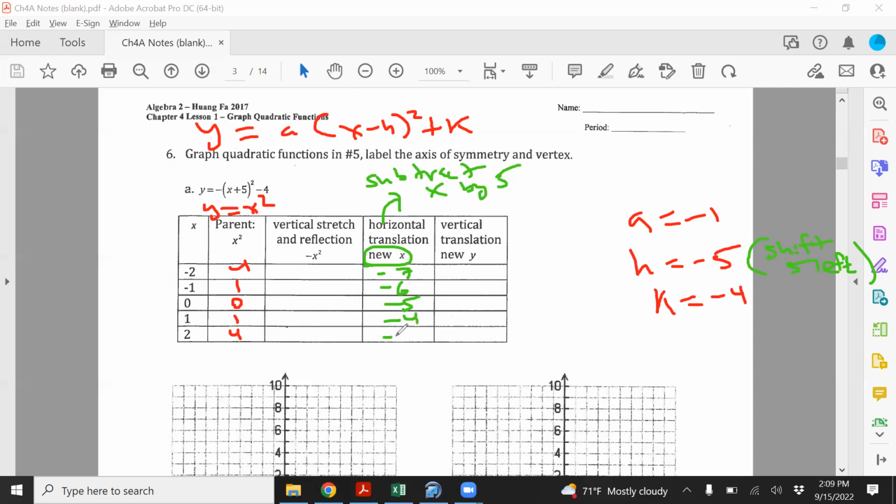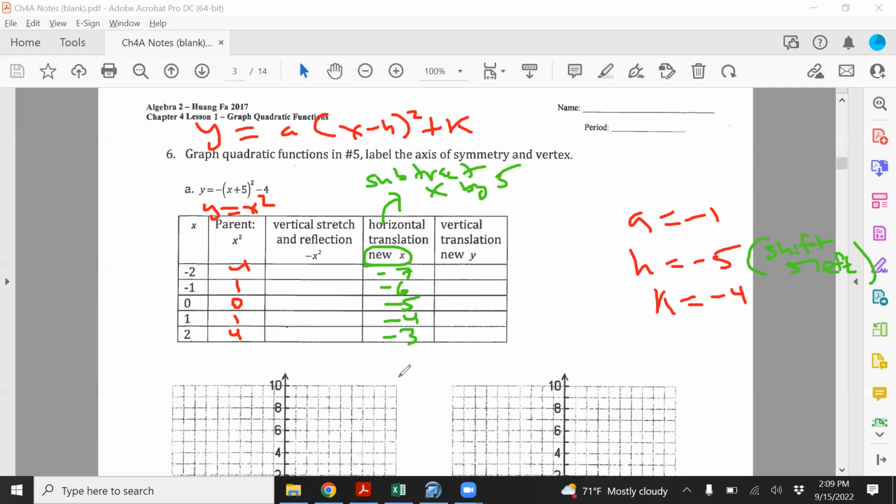Four minus five. So what I just did, guys, I took the x side and took away 5. Why did I take away 5 from here? Because h is -5, right? H is -5. That's what happens. We shift 5 left.